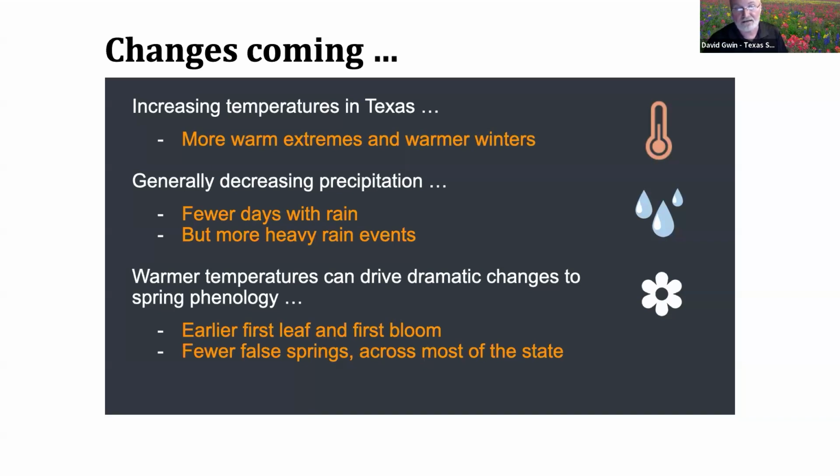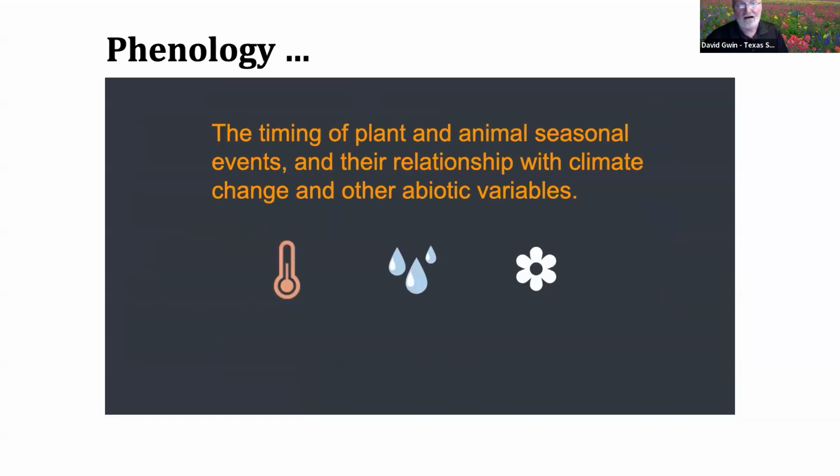Just a few days ago, we had a 3-day freeze here in the Houston metro area. That put a lot of plants that had already started to set bud and begin to bloom back a few days. So climate is changing, and this project is meant to hopefully better understand that.